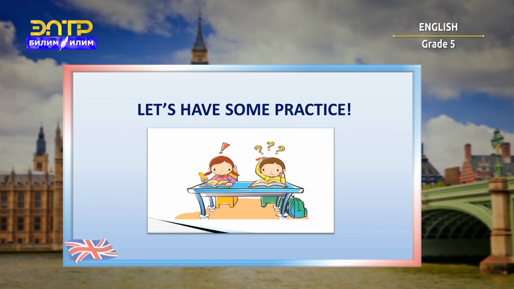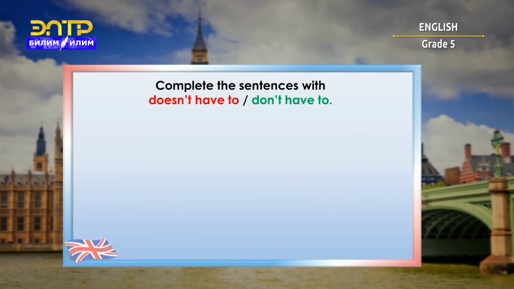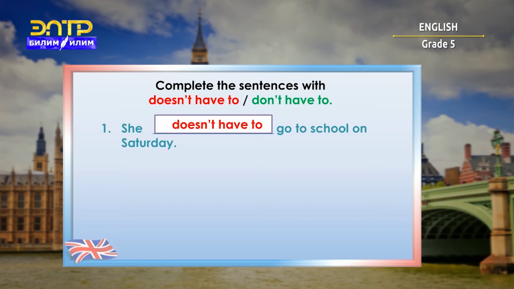And now let's have some practice, kids. Complete the sentences with doesn't have to or don't have to. One. She doesn't have to go to school on Saturday.